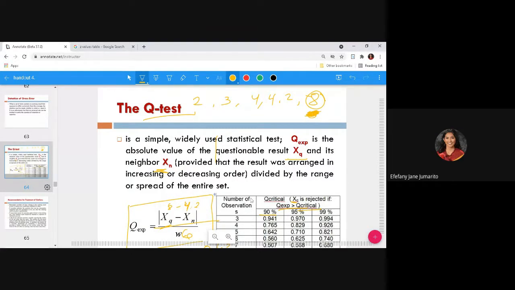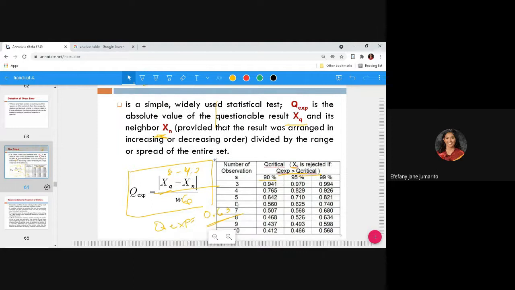Okay. Now, N here is the number of observations, meaning how many samples you have: 1, 2, 3, 4, 5. So if we have 5, at 90% it is 0.642.